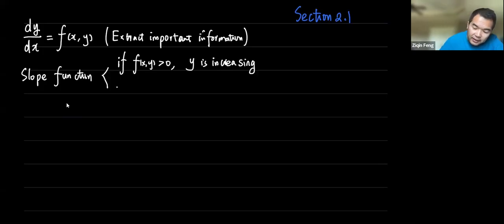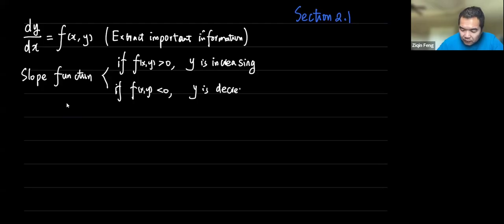And if f of x, y is less than 0, y is decreasing. From calculus 1, we know this must be true. So we can solve the inequality for f of x, y being positive or negative, and you get some information about when the solution is increasing and when it is decreasing.